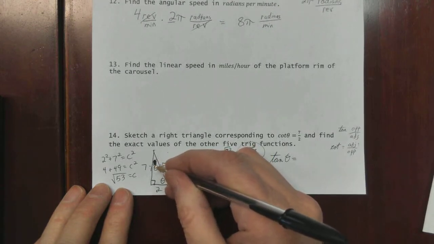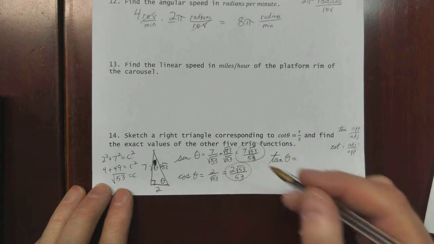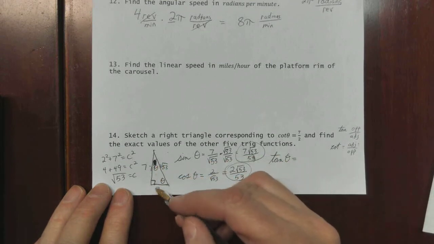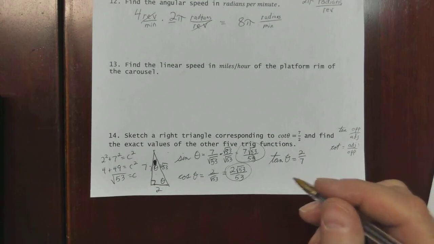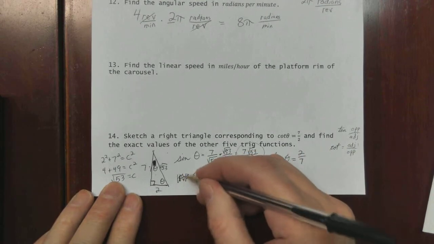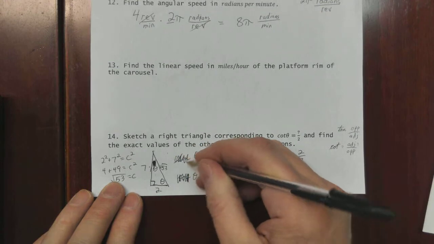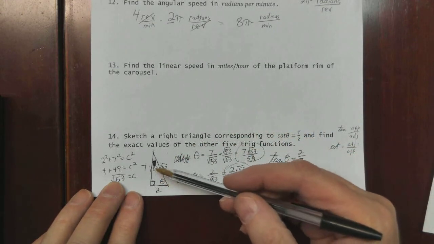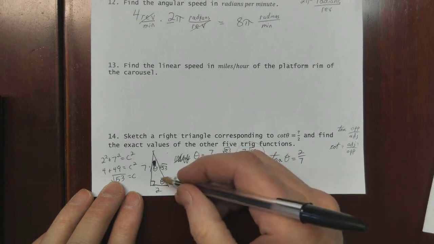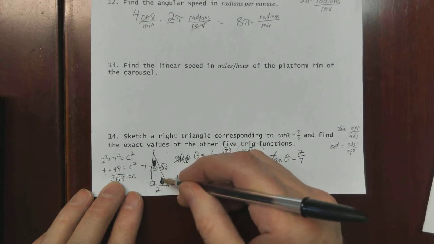So theta is here. That's 2 over 7 is the tangent. Okay, but I'm going to make a quick adjustment here. The sine is, where's my theta? Okay, let's get the right theta here. I was right the first time.